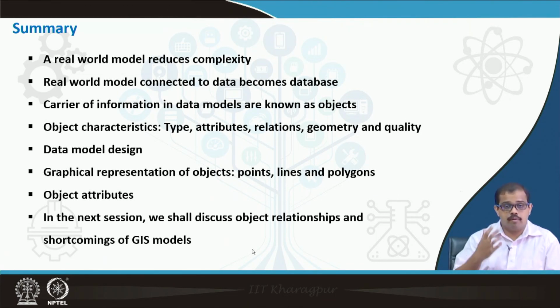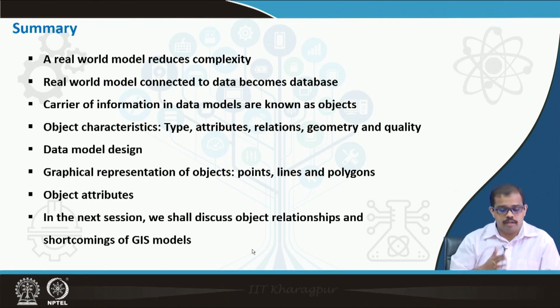Then you have a data model design. I will go into details of data model design later, but for now please understand that it is in the form of grids, and how the objects and their attributes are put in the form of gridded data. Then you have the graphical representation in the form of point, line and polygon.